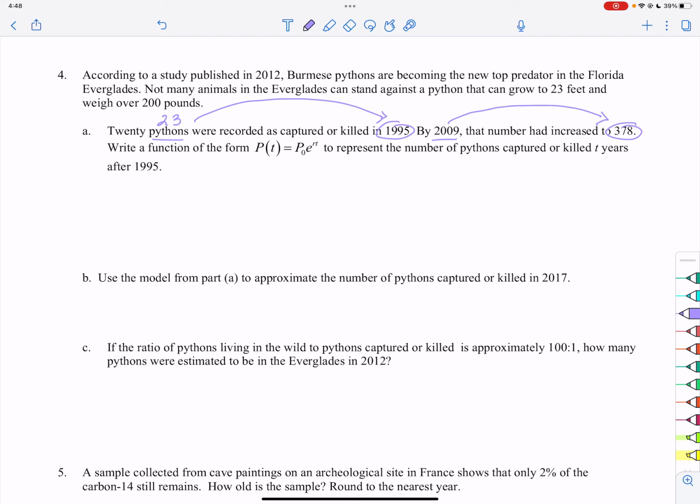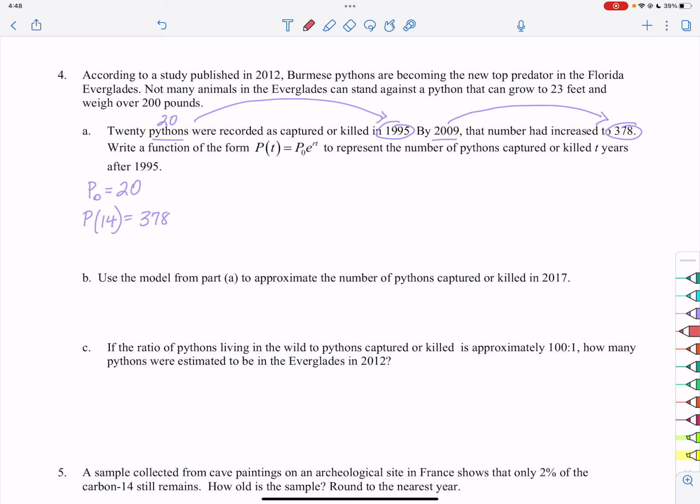So let's take a look. Our initial population is 20. And I wrote 23, and that should have been 20. And the population after 14 years is equal to 378.